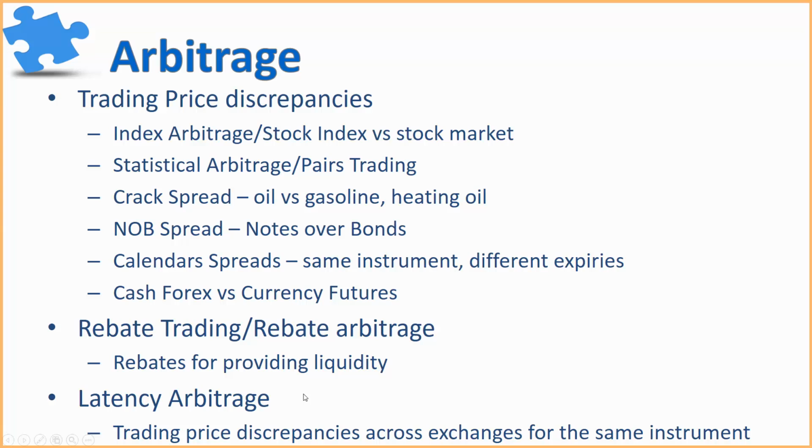One of the more popular ones that most people know about is index arbitrage, and that's trading an index derivative such as the S&P 500 futures against a basket of stocks. So when the futures and the stocks diverge too much, like if the futures go up and the stocks go down, then an arbitrage opportunity occurs. In that case, they would sell the futures and buy the stocks.